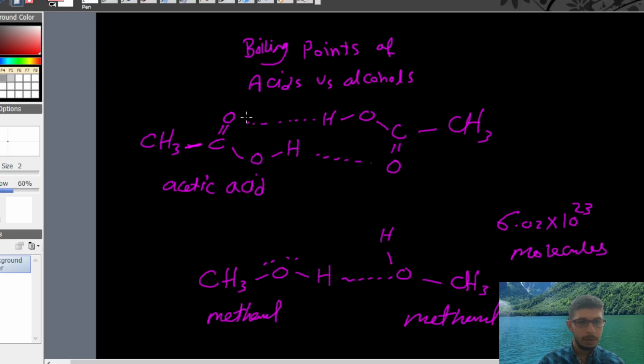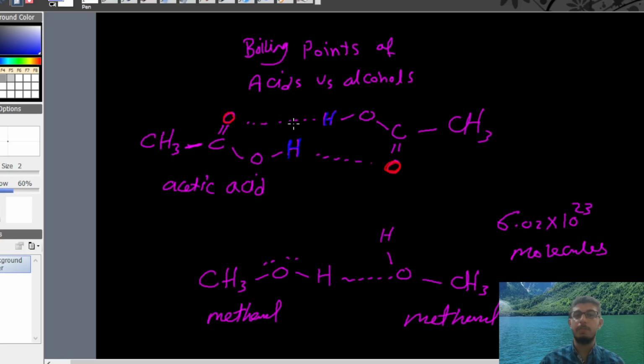Okay, this red oxygen here is the same as this red oxygen here. Okay, and this hydrogen here, let me draw it in blue. And this hydrogen here is the same as this hydrogen, right? So, simply, the acid forms two hydrogen bonds.